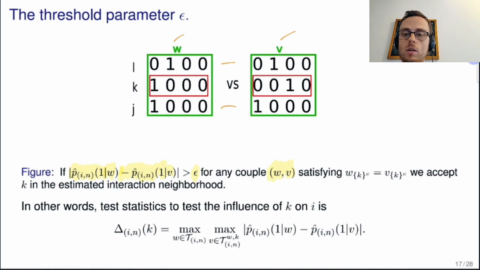Okay? In other words, to test the influence of k on i, we use the test statistic, which is delta_ik, defined as the maximum over all local pasts w in T_n^i, maximum over v, which is identical to w outside k, of the difference between the corresponding empirical probabilities. And if this quantity is larger than epsilon, then we accept that k is in the estimated interaction neighborhood. Okay?